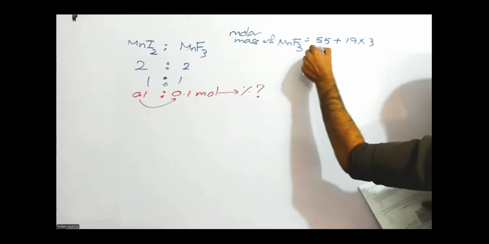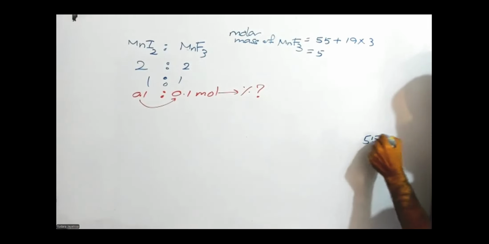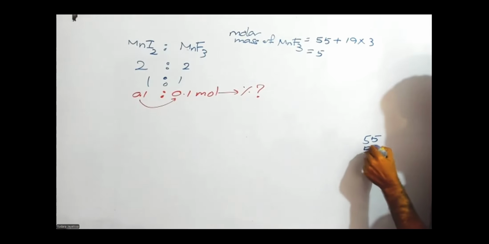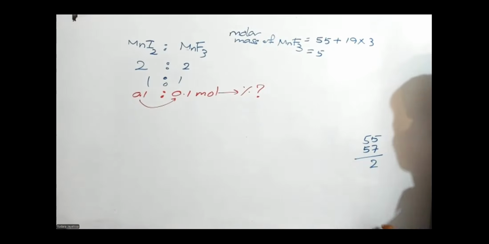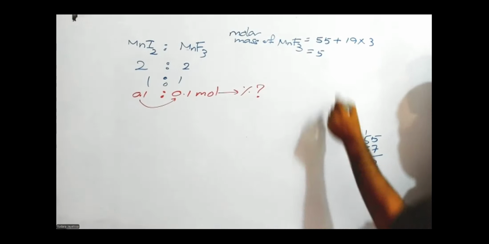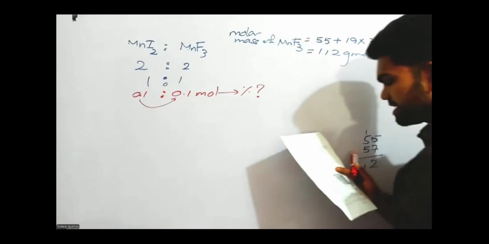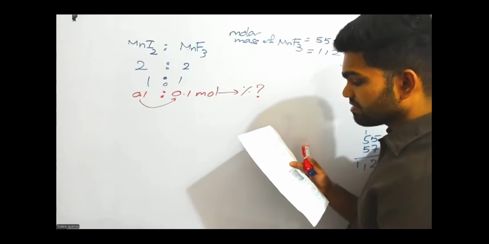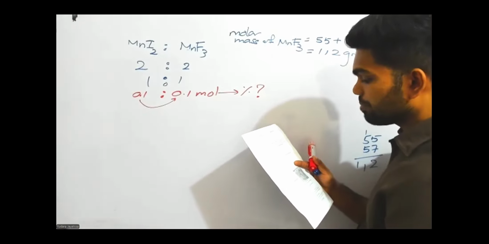So that means 55 plus 19 into 3, 57, 212. So then it's asking the mass percentage. So only 80%. If the percentage yield is 80%, what is the mass of MnF3 obtained?